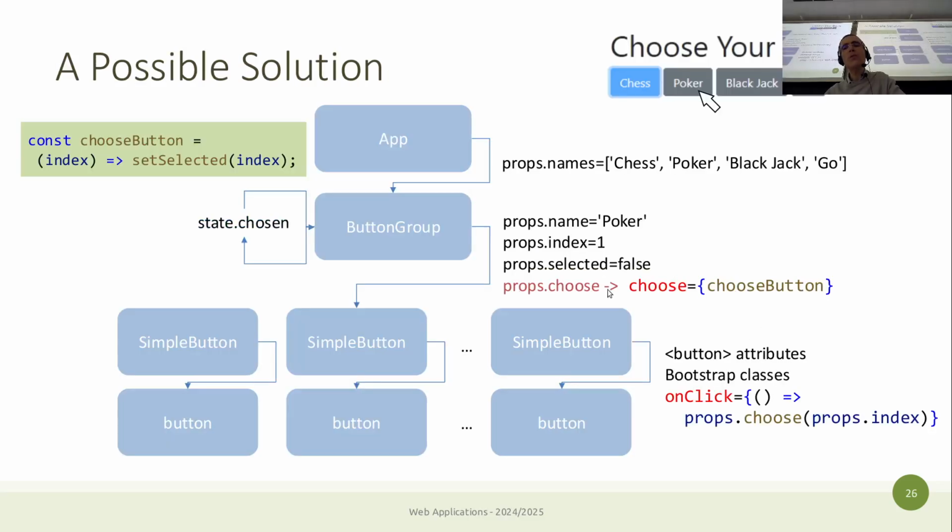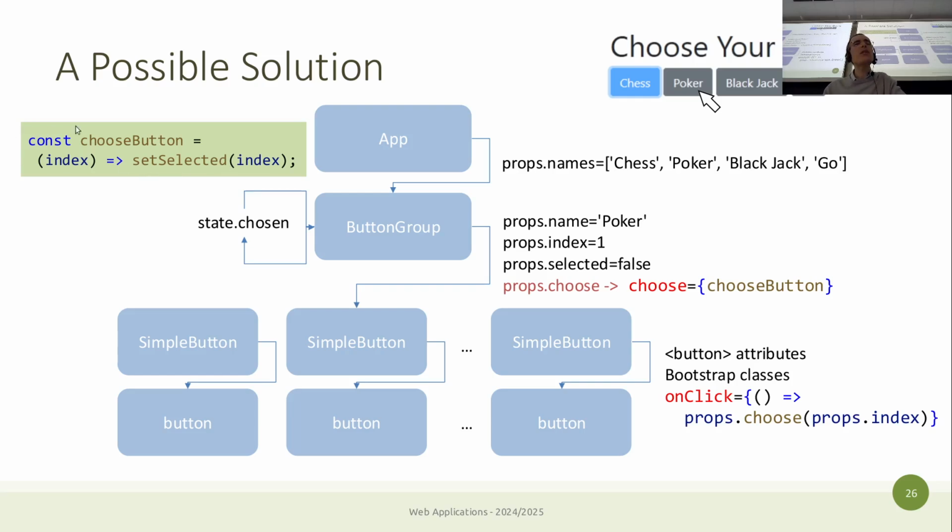Props choose, we will pass a reference to a function. And this function is defined inside the button group, so the place where the set state is available, and we can use it. So here we decided to define another function. We could have passed the set selected directly.